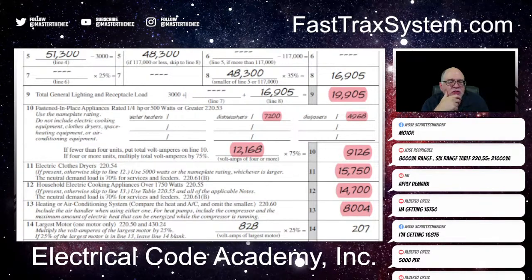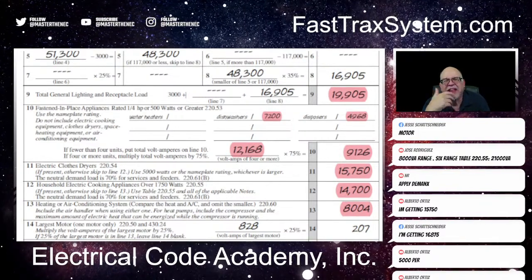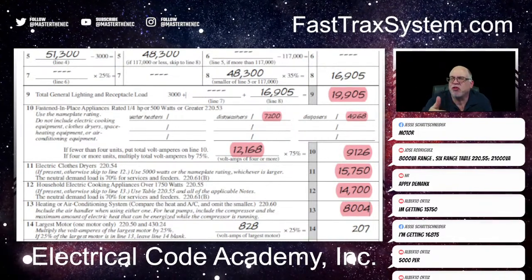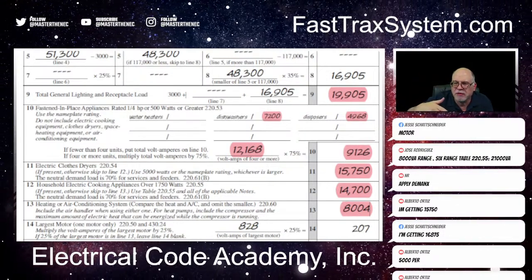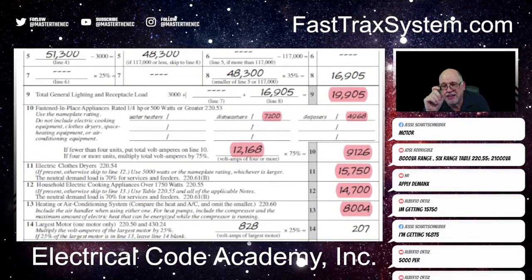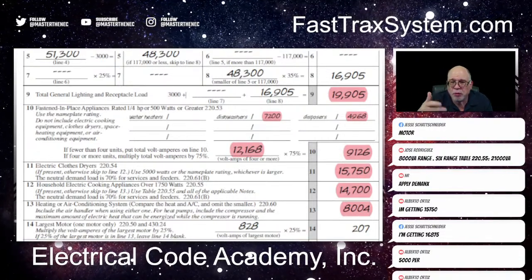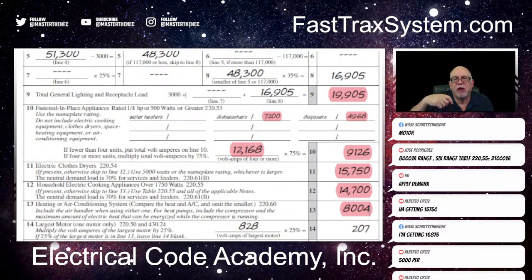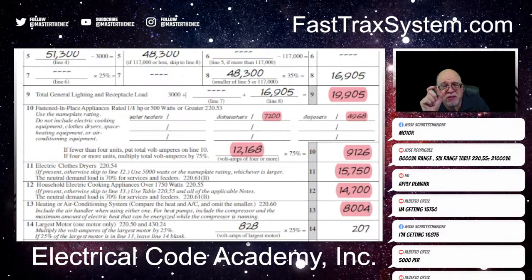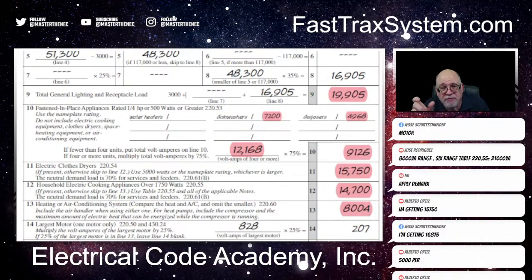That's what 220.50 is saying without actually saying it, because it gives you references to multiple motors, and you just have to understand that's where that additional 25% comes from. Because we've already taken all these motors at 100%, we just need to follow the code and find that additional missing 25%. That's all we're looking for here.